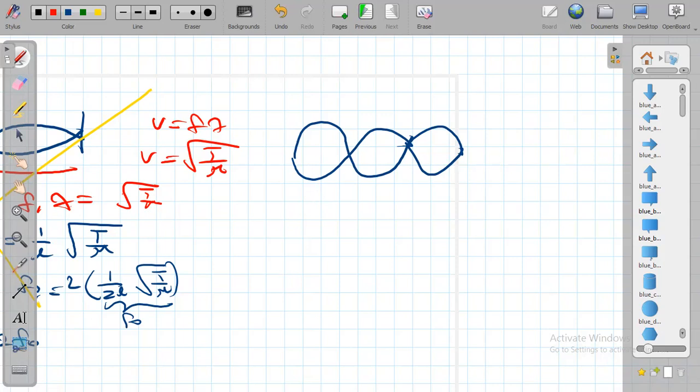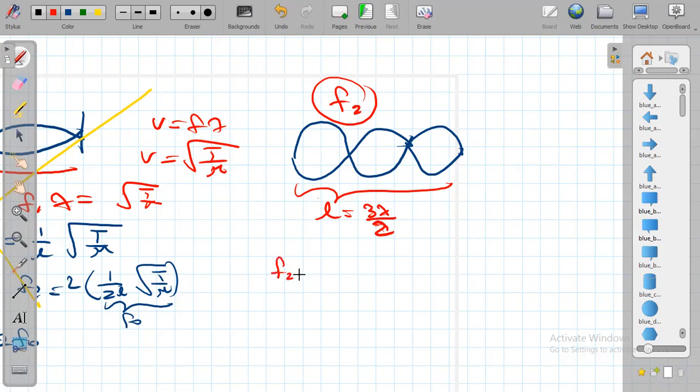So what is this one, f2? Just derive an equation. I will just give the start: L equals 3 lambda over 2. Apply the equations. Finally, you may get the f2 value as 3f0. Many multiple results are there.